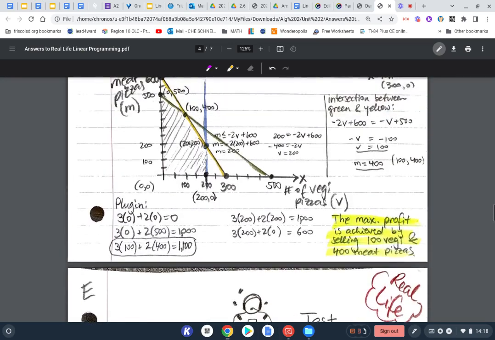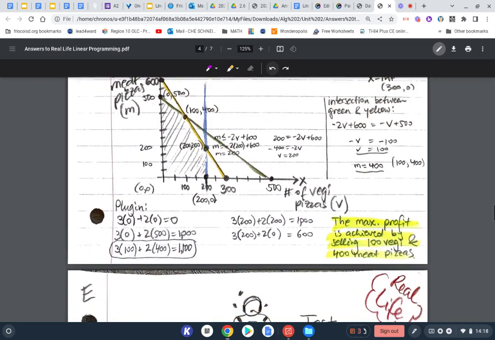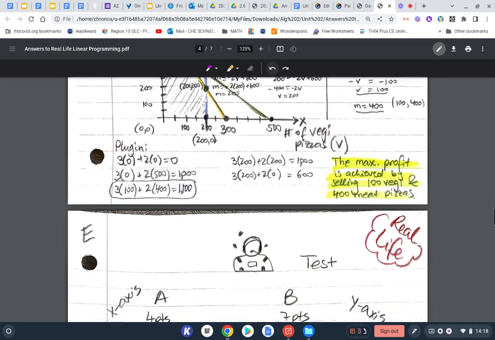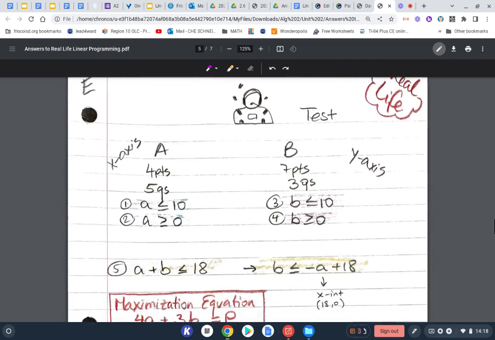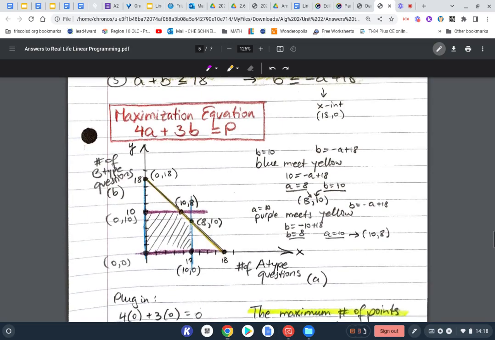I also made sure that when the intersections are a little more shady and you're like, I don't know where exactly that point of intersection happens, let me go ahead and just figure it out on paper by substitution. You can do that. And you have to do that unless you are absolutely sure you're talking about the correct point.